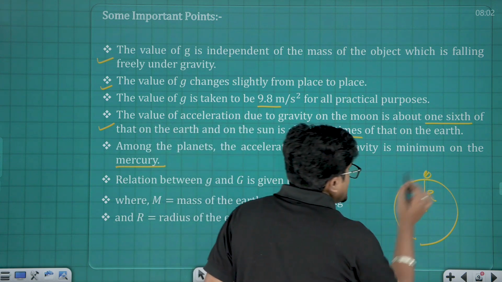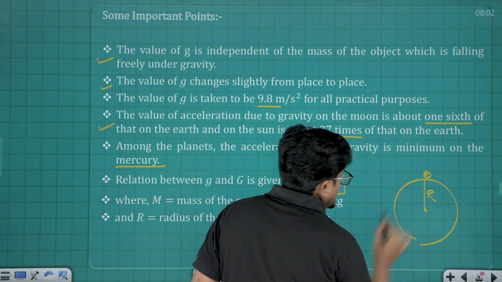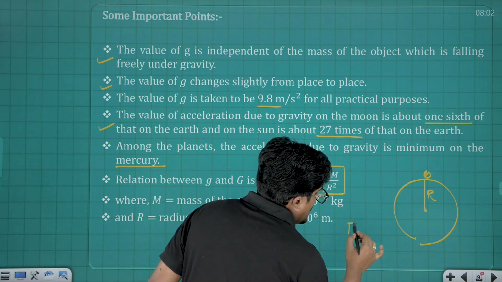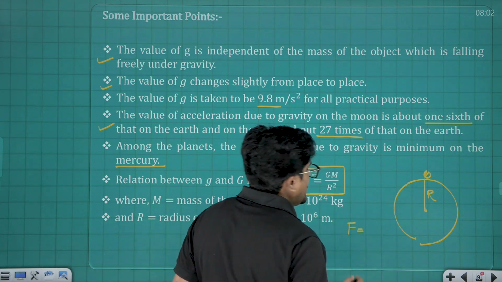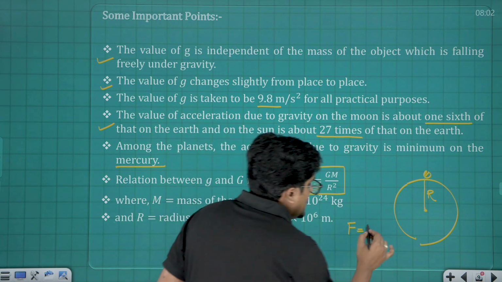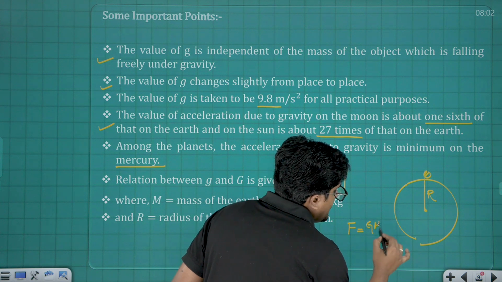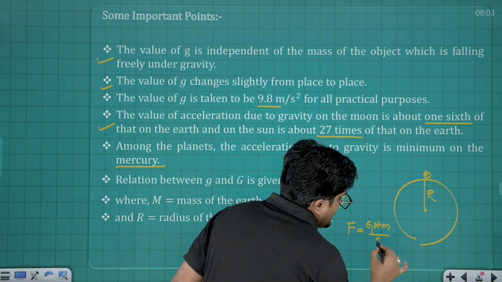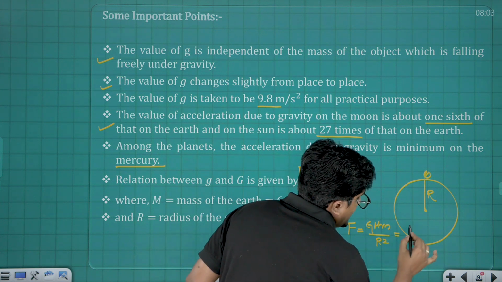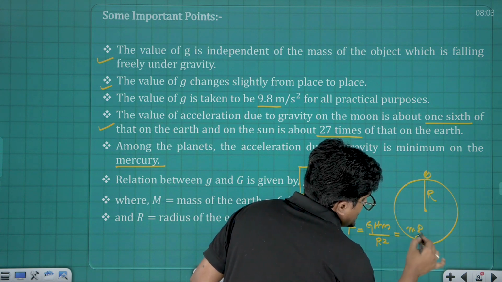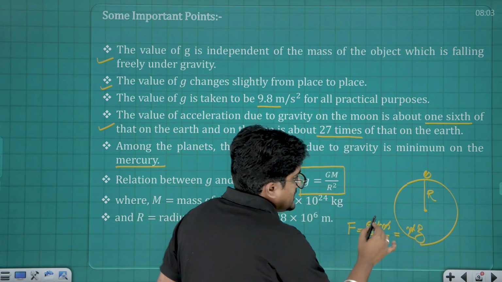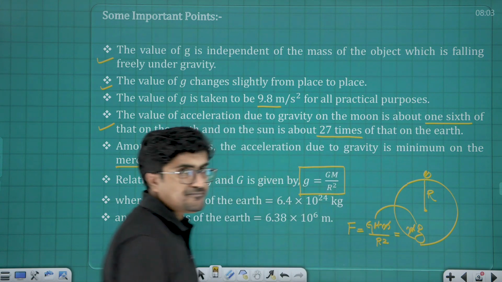So the force experienced by this mass of small letter m is going to be G capital M small letter m divided by R square. And I may take it as m into g. So this m and m will cancel each other. That will give the same relation here.